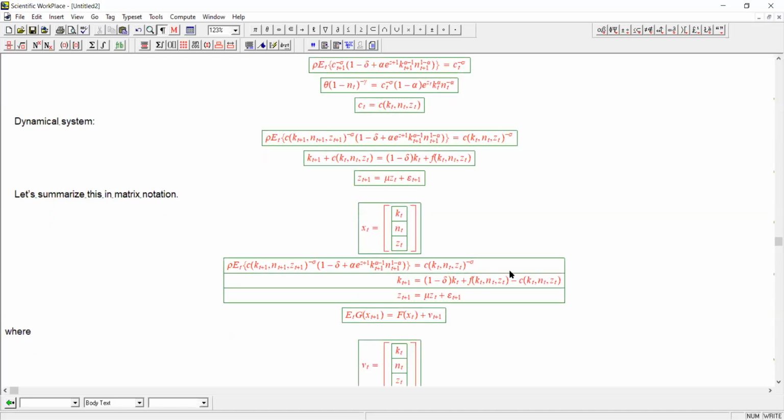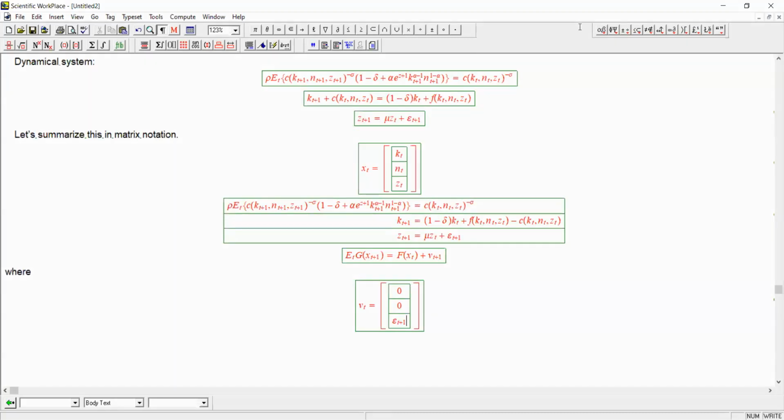v_t is the random component of the first, second, and third elements of this vector of functions. The random element of the top one is 0. The random element of the second one is 0. The random element of the third one is epsilon. Great.